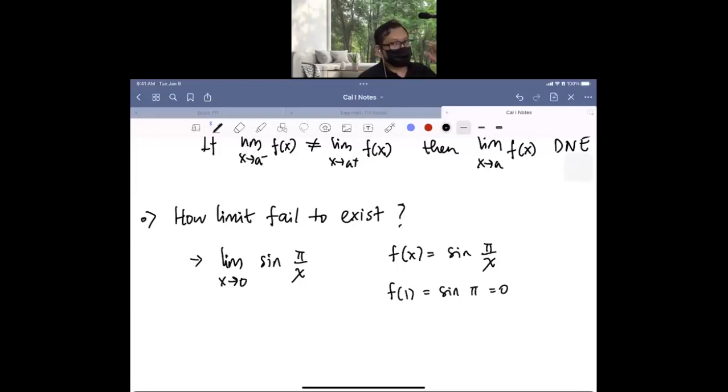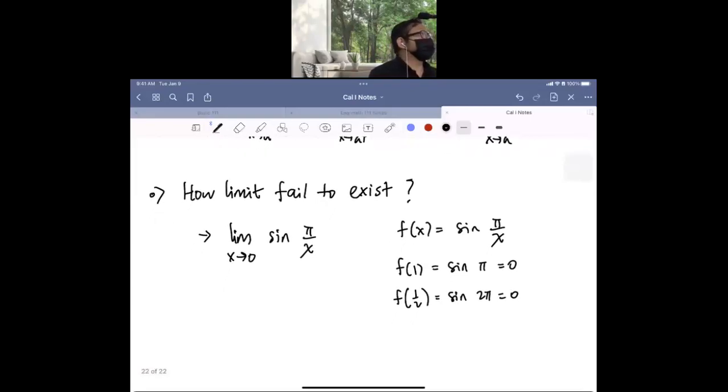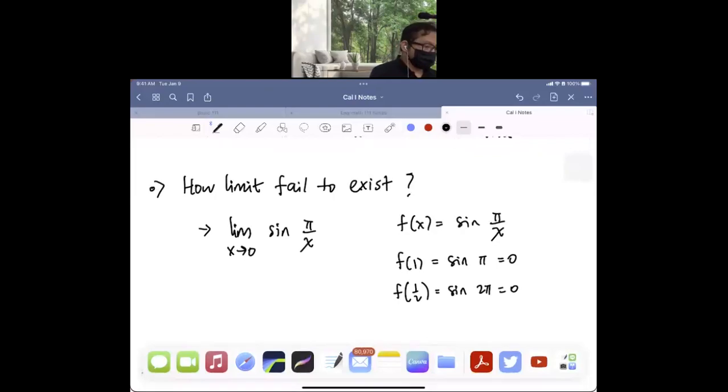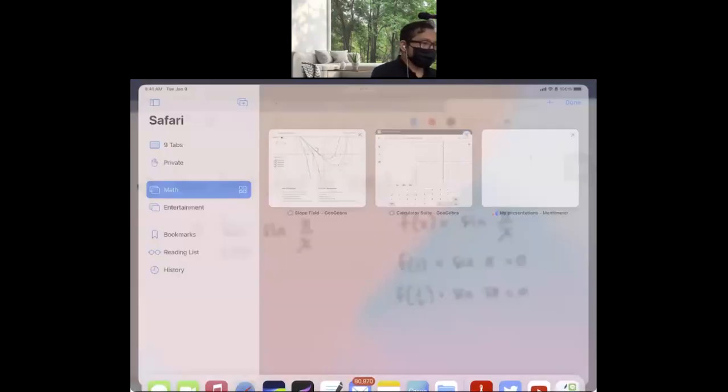If you try other numbers as well, where x is the reciprocal of 2 pi, 3 pi, like for example the half, this becomes 2 pi, and then it's 0. It seems that probably the limit is 0, but we are not sure. But hey, we can draw this graph, right? So let's try to draw.